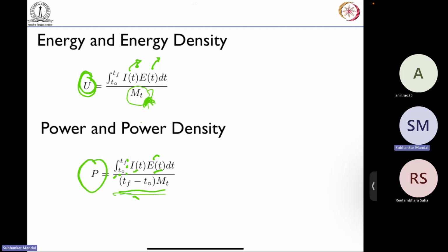Nowadays people are using hybrid vehicles. In a hybrid vehicle you have petrol as well as a battery. Initially the engine will start by petrol, because at that time we need high power.